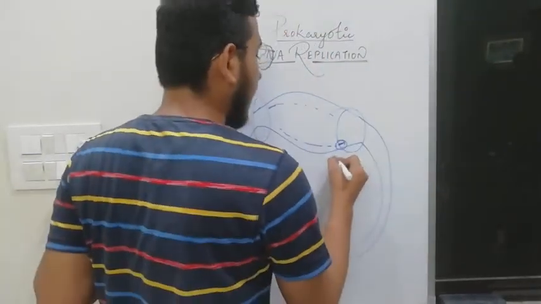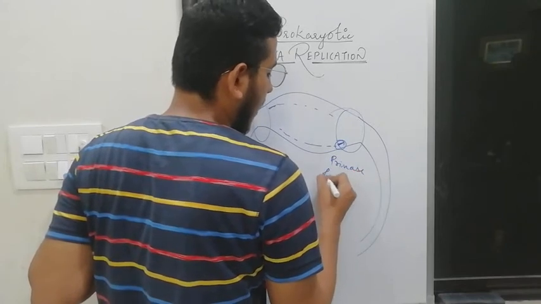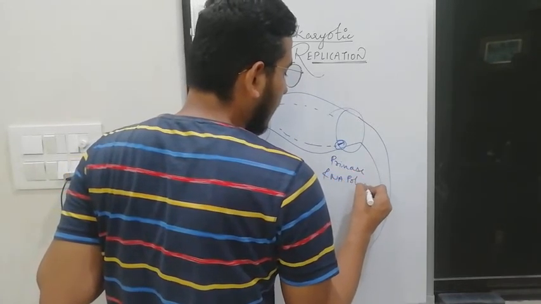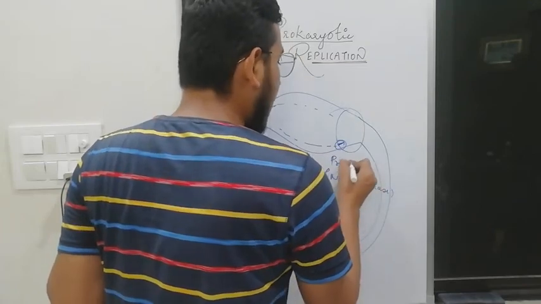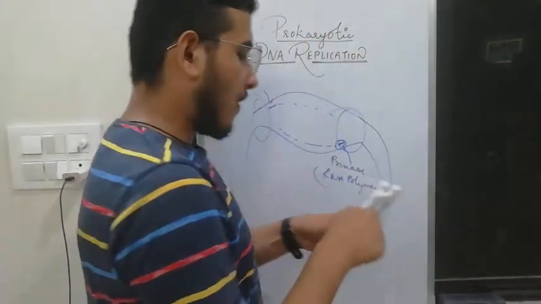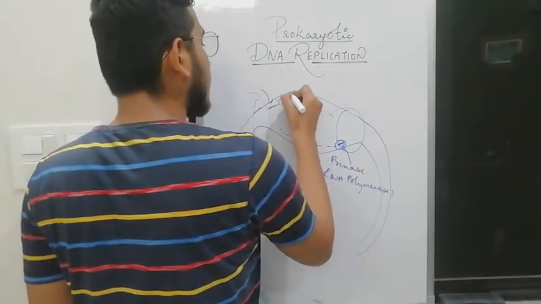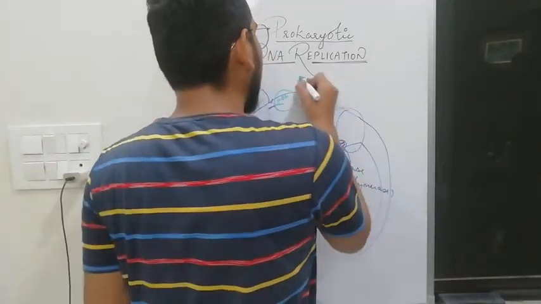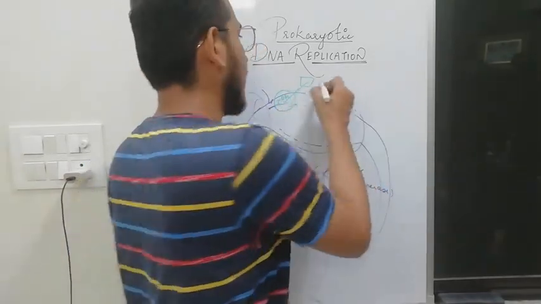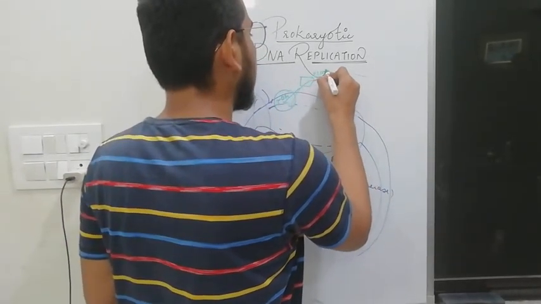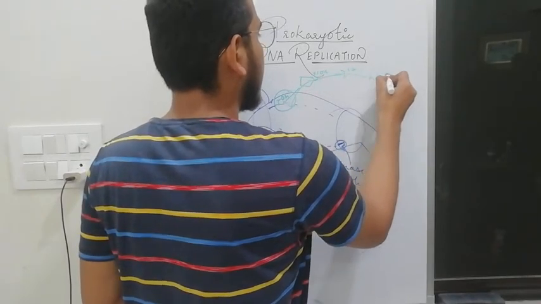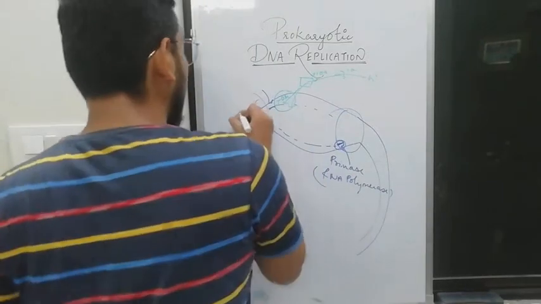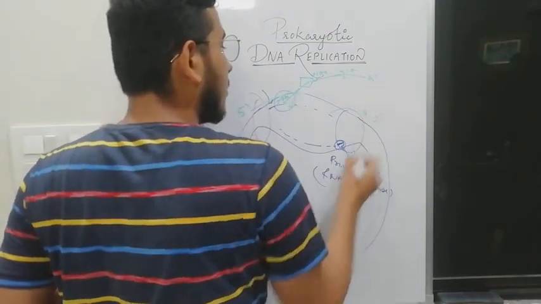So these primers are added by primase, a modified RNA polymerase, which adds primer to provide a free 3'-OH group, so that another dNTP comes and attaches with phosphodiester bonds and again will provide 3'-OH. So DNA replication starts from 5' to 3' position.